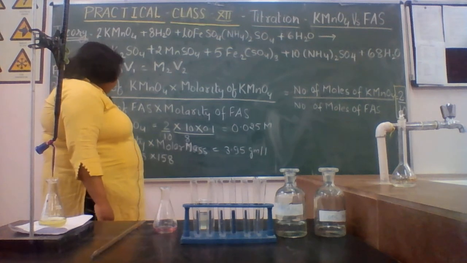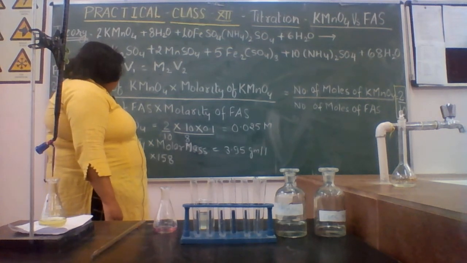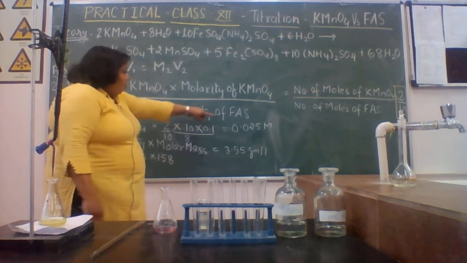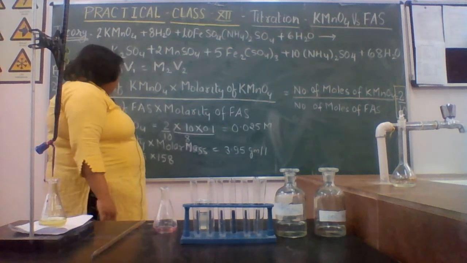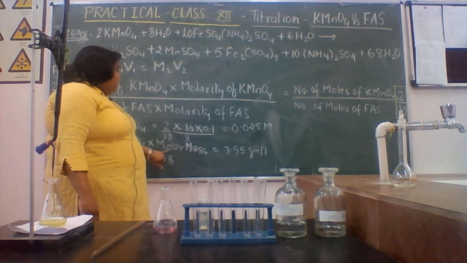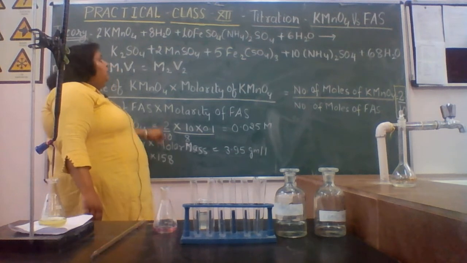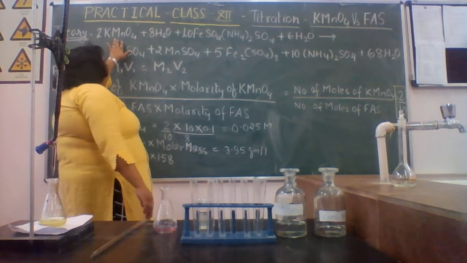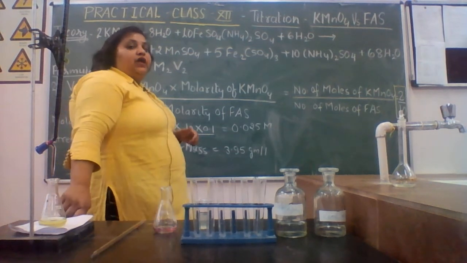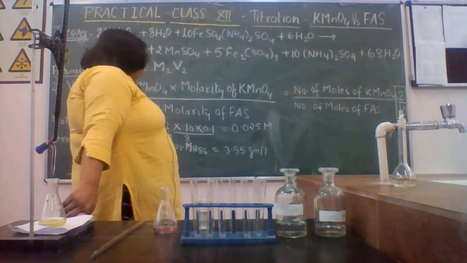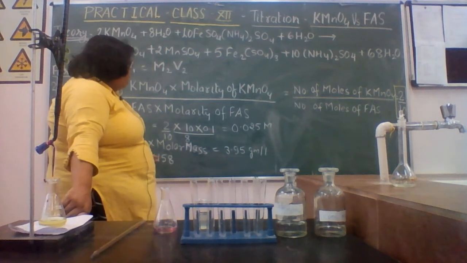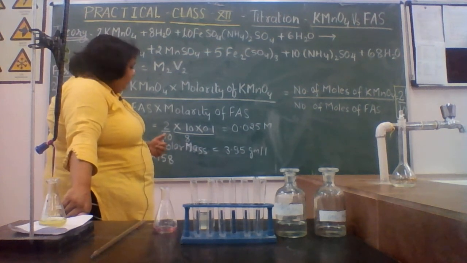Here the molarity that I have obtained is 0.025. This is multiplied by the molar mass of KMnO4. The molar mass of KMnO4 is 158.03. Again, for convenience in the calculation, I have used 158, right.